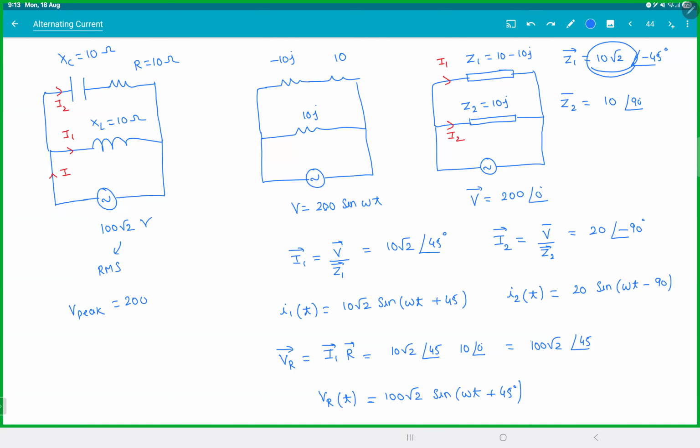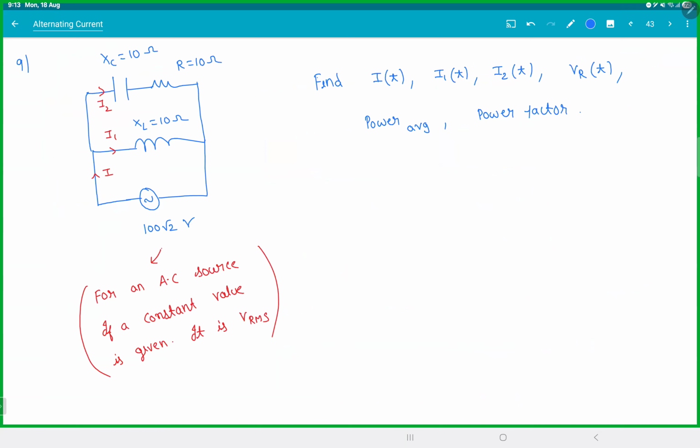Z1 is 10 root 2, right? Or am I getting confused somewhere? I1 is V1 by Z1. Z1 is 10 root 2, Z2 is 10. No, in the question, we've taken I1 and I2 the other way around. That's why. Ah, I didn't notice.